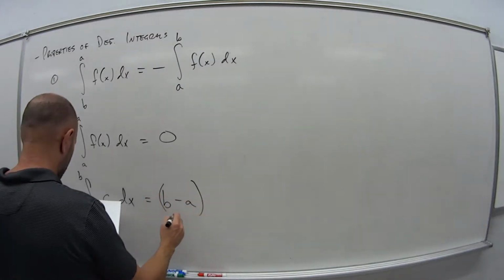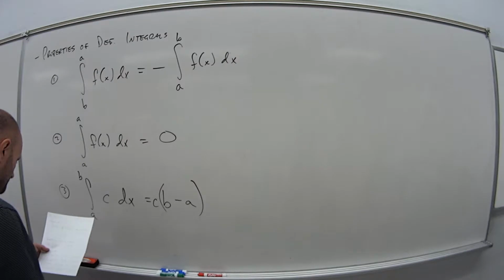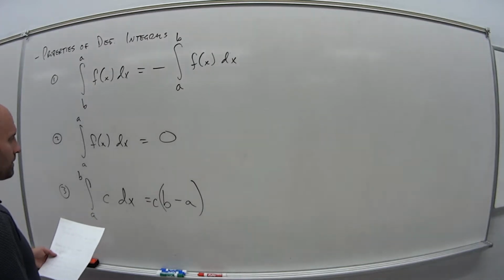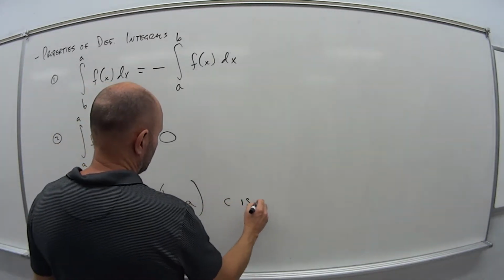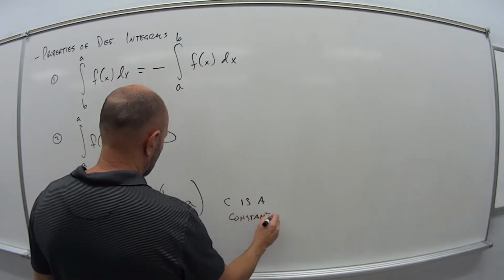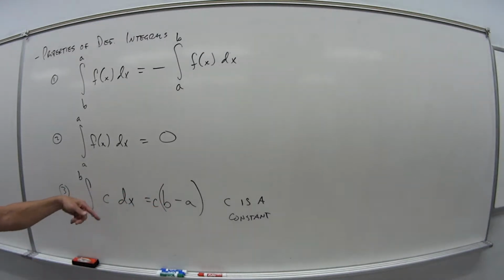I think there should be times c. So c times b minus a, where c is a constant. If it was 1, then it would just be b minus a, but if it was any other number, 5, 8, negative 3, whatever, then we'd have to multiply that by that value.